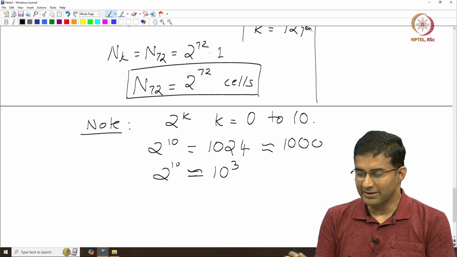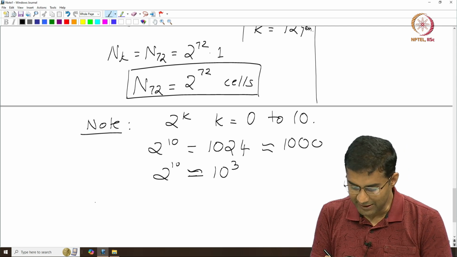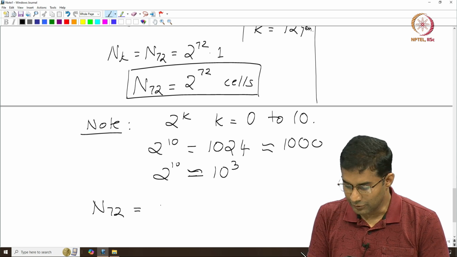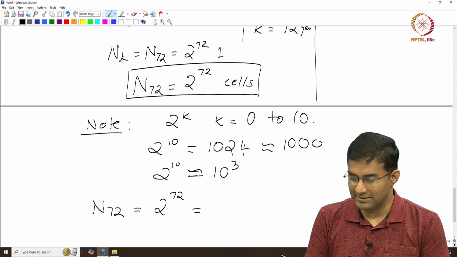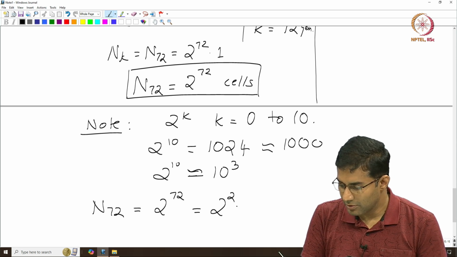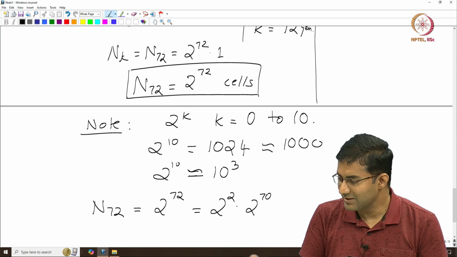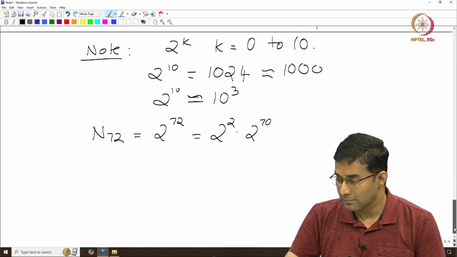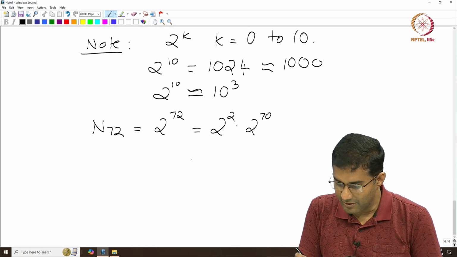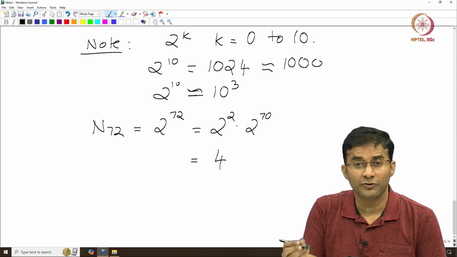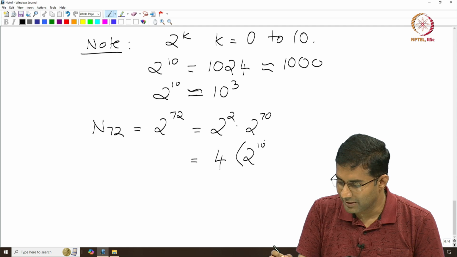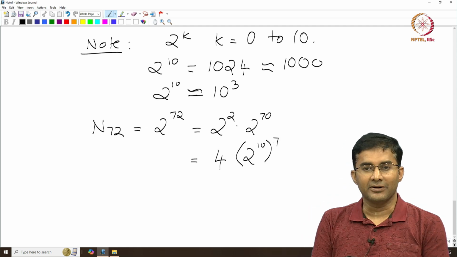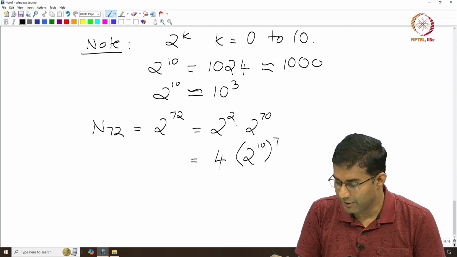Now let us use this in evaluating how big n72 is. We have 2 power 72, and I can write this as 2 power 2 times 2 power 70. Again, 2 power 2 is 4, and 2 power 70 I can write as 2 power 10 times 7, because 10 times 7 is 70.